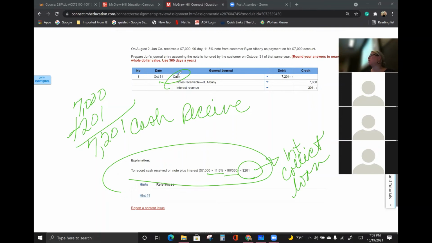So when I clear the note, I need to clear the note only for the principal amount because that's how much it was set up for. So here's my note receivable from R. Albany for $7,000. And then the interest that I collected, I have to record that as revenue. So I credit interest revenue for $201.